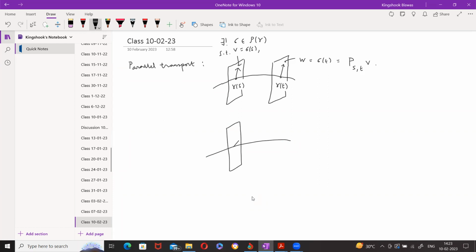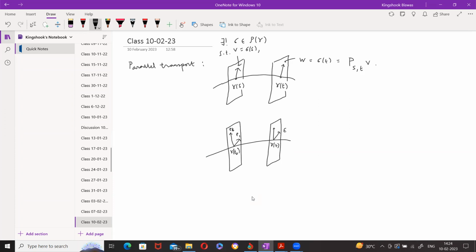So if you take a basis e_1, e_2 up to e_k, then you'll get a basis by parallel transporting them. This is at say time t_0, and this will be at any time t.